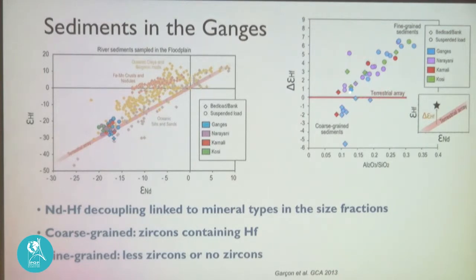But anyway, when the coarse-grained sediments have no decoupling in terms of hafnium, they are on the line here, the terrestrial array, and the finer the fraction, the higher the decoupling is. At the top here, we have the clay samples, the fine-grained samples. This is because most of the hafnium is contained in the zircon, and the zircons are stuck there on the terrestrial array. But the decoupling occurs in the fine-grained sediments.